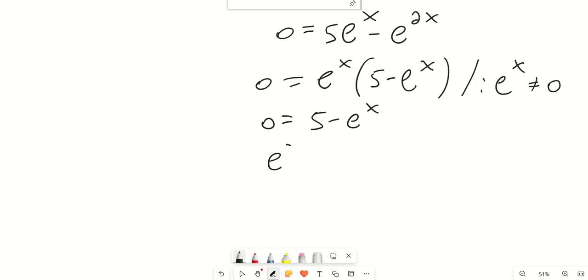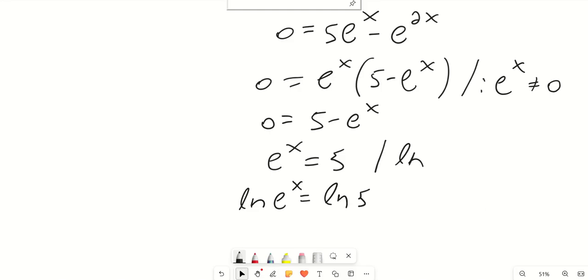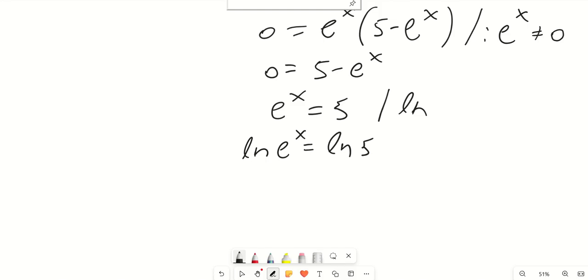And if I take e to the power of x to the other side, I am left with this equation. Now I take the ln operation from both sides. Ln of e to the power of x equals ln 5. And here I apply the logarithm rule that I can move the exponent in multiplication with ln e, and ln e is 1.